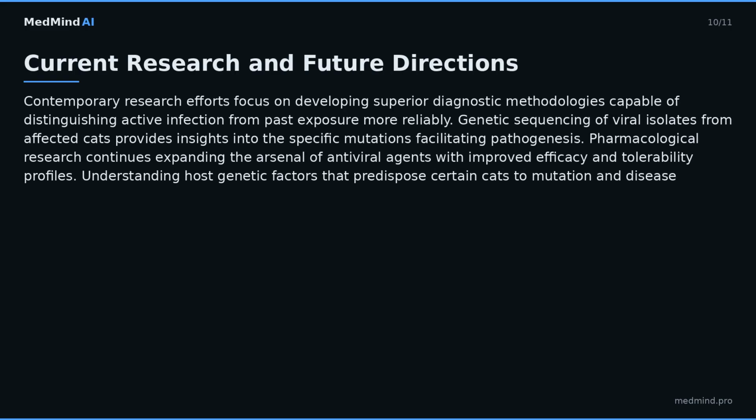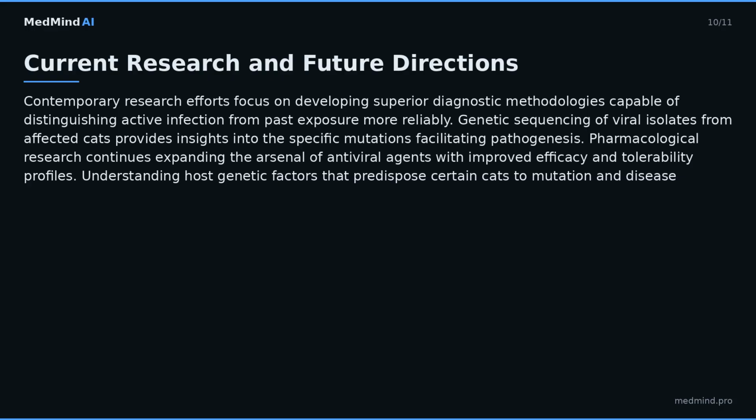Current research and future directions. Contemporary research efforts focus on developing superior diagnostic methodologies capable of distinguishing active infection from past exposure more reliably. Genetic sequencing of viral isolates from affected cats provides insights into the specific mutations facilitating pathogenesis.